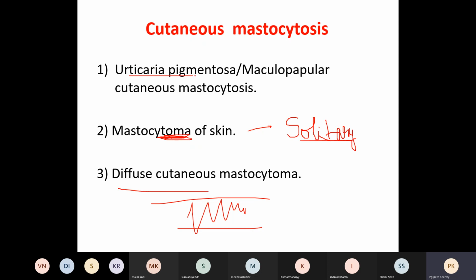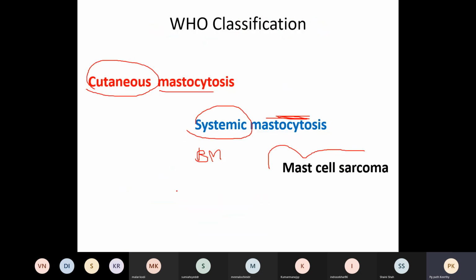The next one is urticaria pigmentosa. Here the patient presents with multiple pigmented lesions like this. So that is one type. One is with pigments, that is maculopapular urticaria pigmentosa cutaneous mastocytosis. One is mastocytoma. One is diffuse cutaneous mastocytosis. So one more time we will revise the WHO classification of mastocytosis.